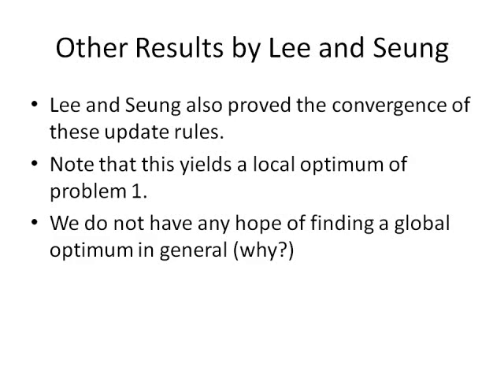Lee and Seung also proved the convergence of these update rules. Note that this yields a local optimum of problem 1. So we're looking at getting a local minimum. We have no hope of finding a global optimum in general. Why is this true?